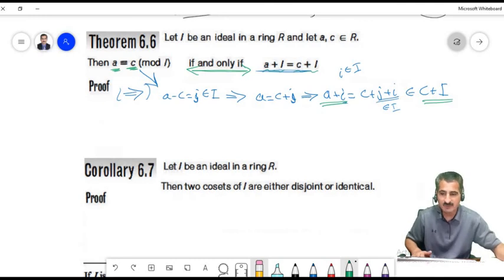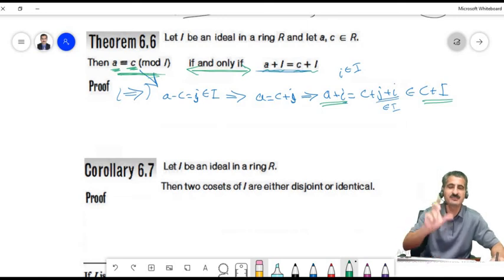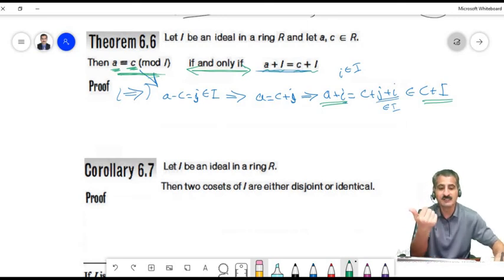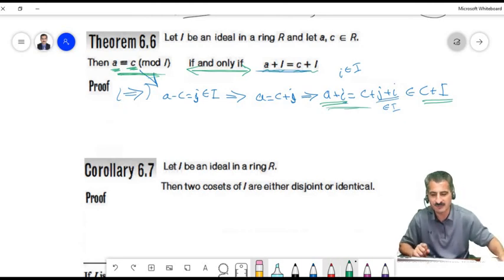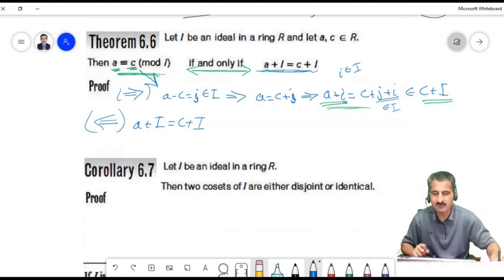Good. Now, since A is congruent to C mod I, then C is congruent to A mod I, so the opposite thing will happen. I'm sketching the proof here. Now, what about the opposite? If I have A plus I equals C plus I, I want to show that A minus C belongs to I. But I have 0 belongs to this ideal, so I can say A plus 0, which is an element in here, but this is the same as the set.